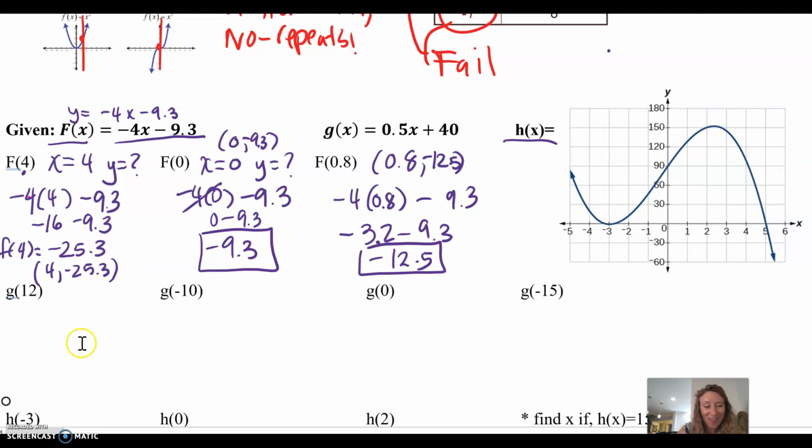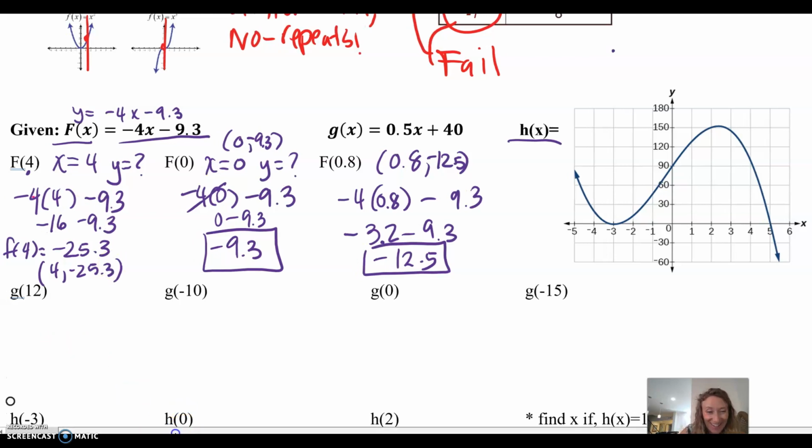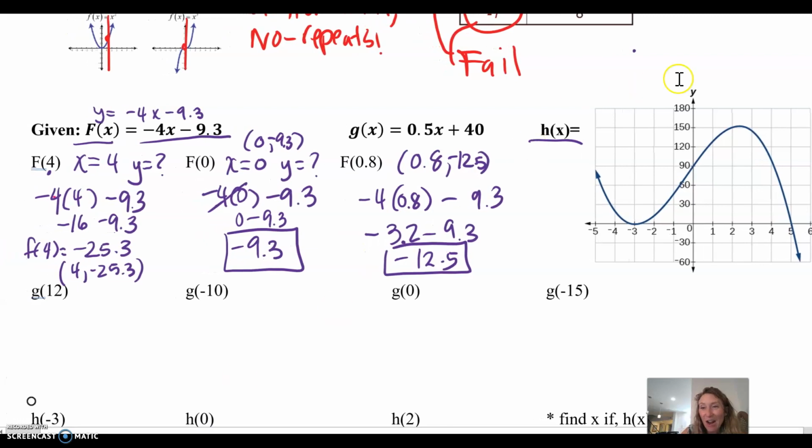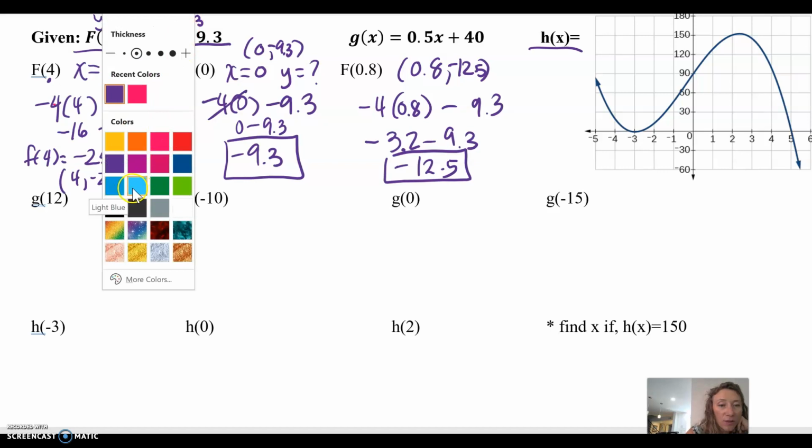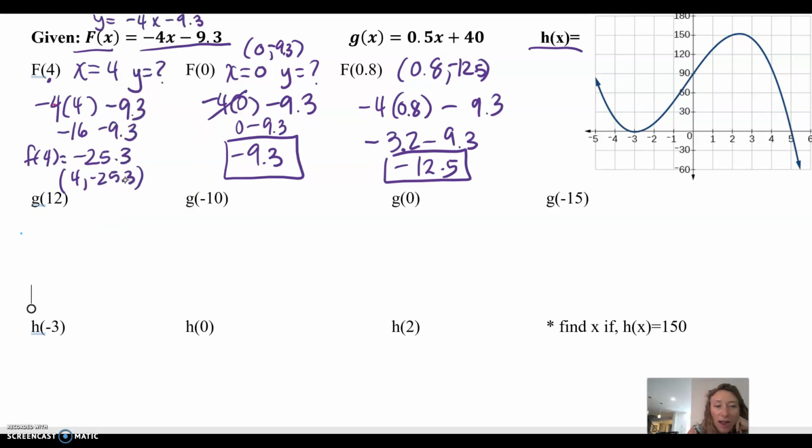Well, let's try these h of x's then, and g of x's, and see how they work out. So when I plug in g of 12, I'm plugging into 0.5x plus 40.